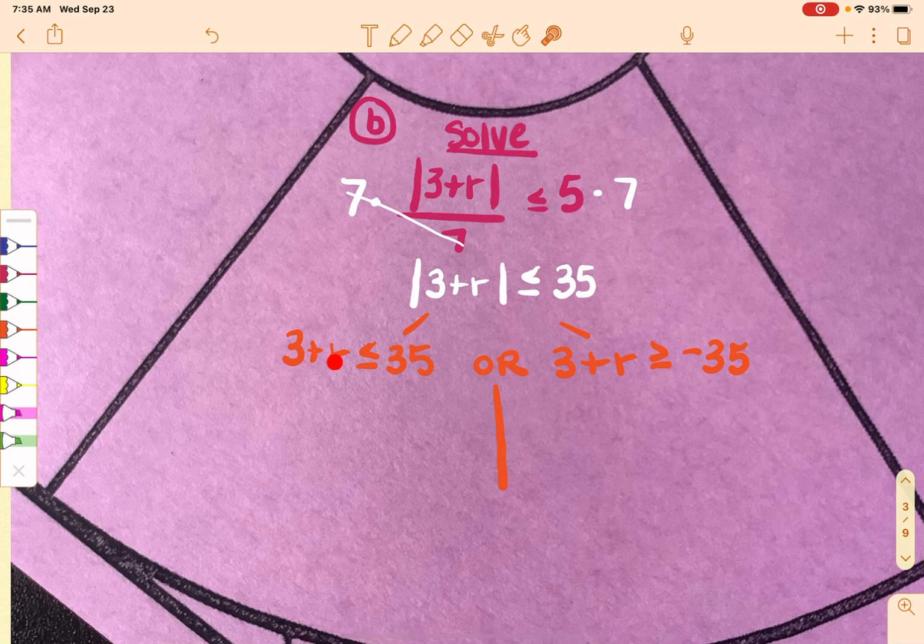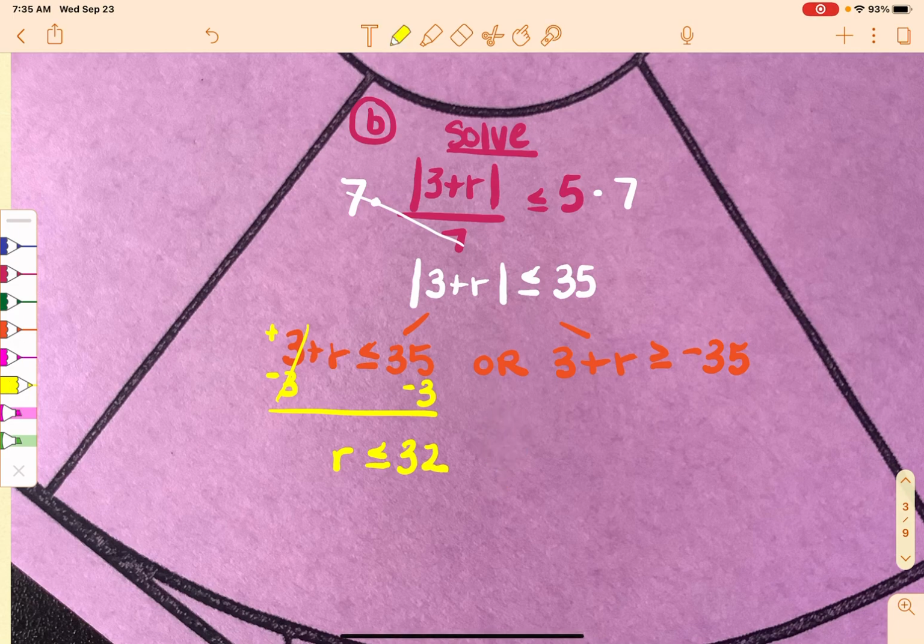And really, we only have a little bit of solving here. So to get the r by itself, I've got to get rid of this 3. And I assume that that 3 is a positive 3. So to get rid of it, I'm going to subtract 3 from both sides. So r is less than or equal to 32.